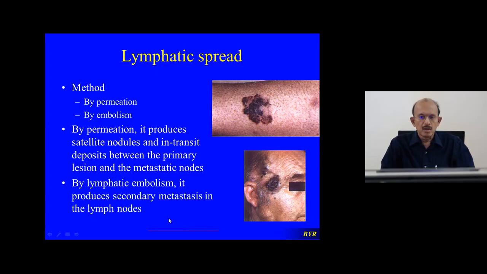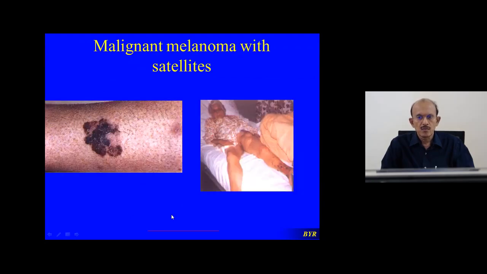By lymphatic embolism, it produces secondary metastasis in the lymph nodes. So you can see here, the lesion is here and it has produced multiple lesions before it goes to the lymph nodes.